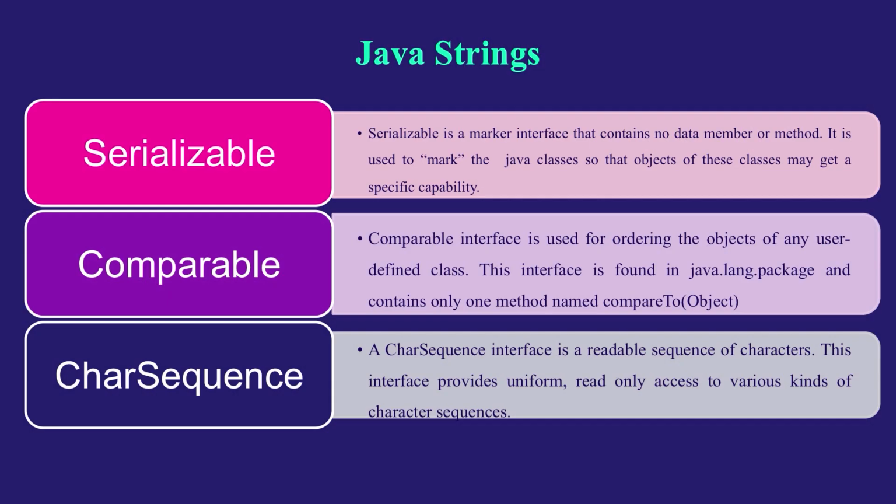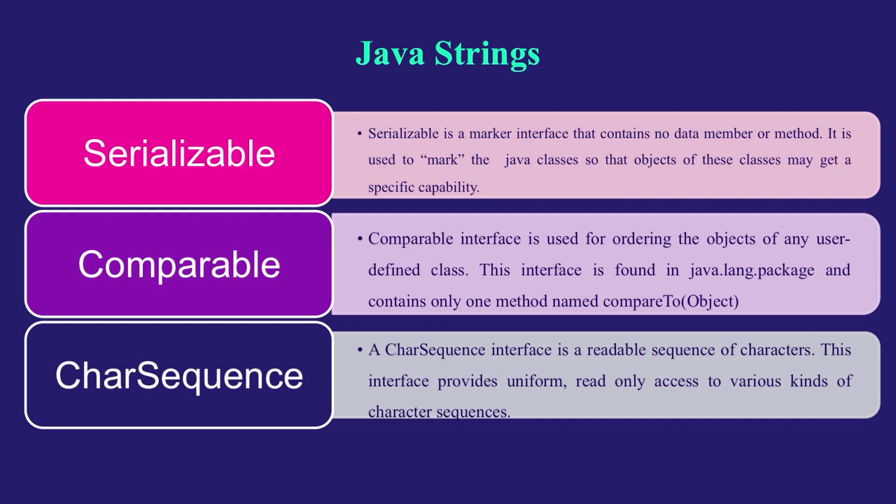There is a concept called serialization and deserialization: saving the state of an object and recovering the state of an object from a file. Comparable is used if you have a string and want to order the data in it, to sort and compare. There are some methods available with which we can do that very easily.